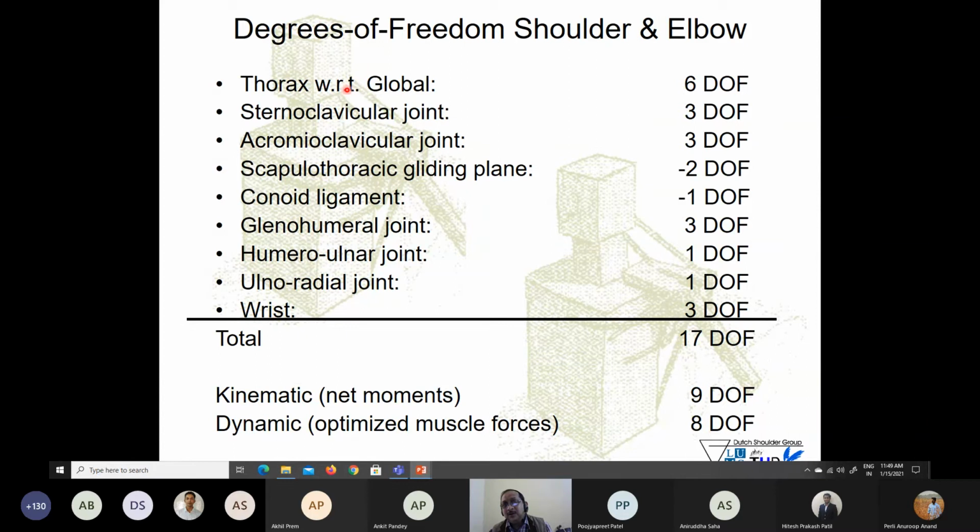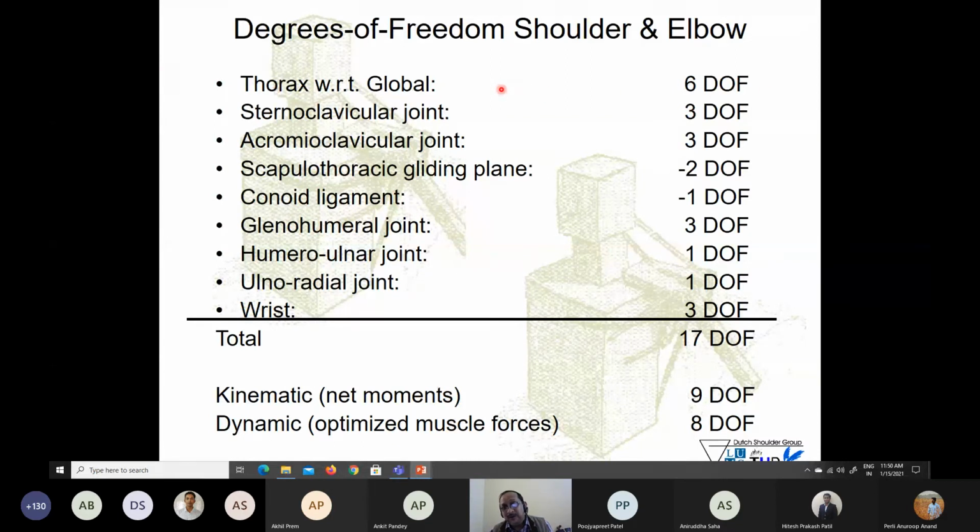See that the thorax with respect to the global coordinate system has 6 degrees of freedom. That means the thorax is free to translate and free to rotate. Okay, but that is the thorax. Now, if we consider the thorax to be fixed, then this part doesn't contribute in the whole degrees of freedom of the system.